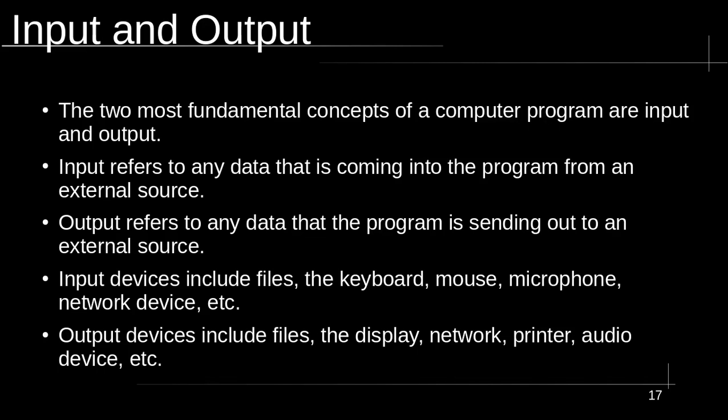So input refers to any data coming into your program from an external source. And output refers to any data you need to send outside your program. Input devices include files, keyboards, mice, game controllers, scanners, networks, anything that brings data into your program. And output devices include monitors, printers, files, networks, etc.